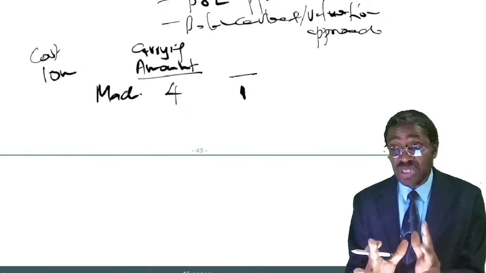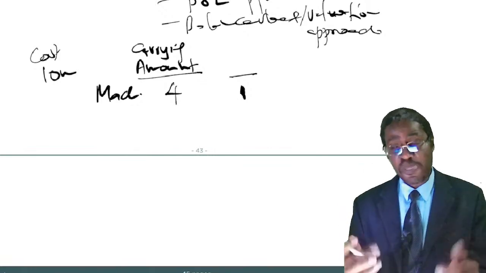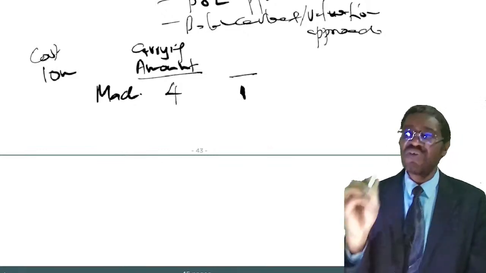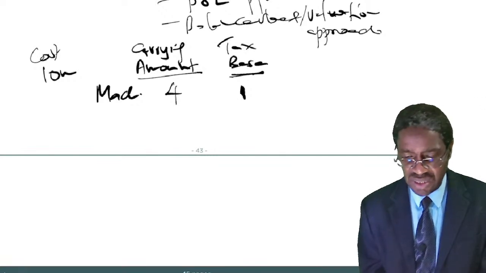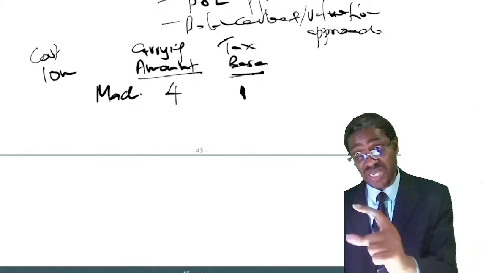What he will know is that he will give you a capital allowance of 1 million in the future. The amount on which tax will be based for tax purposes, we normally refer to as the tax base.